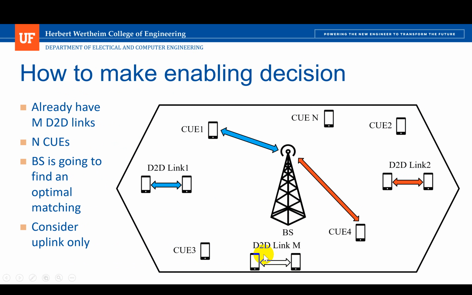Each pair of D2D links has done the association between them, and they are going to create the D2D communication, and they ask the base station to enable them and allocate cellular resources for them. The base station is going to find the most optimal matching of the whole resource sharing, and they only consider the uplink for both cellular users and D2D users.